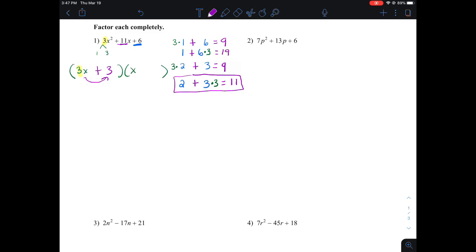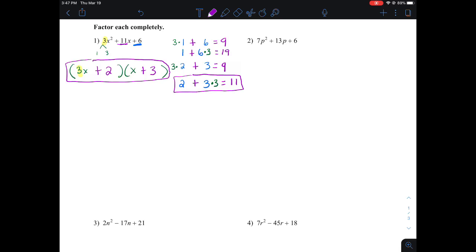It has to multiply to what's in the other set of parentheses. So the plus 3 goes in the other binomial, which means that the plus 2 has to come here. Now, this is my answer. I fully factored this problem.